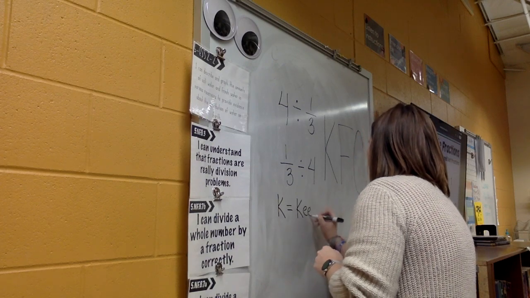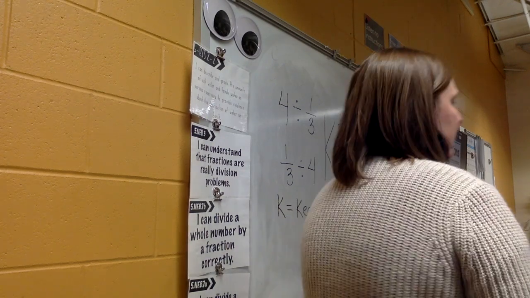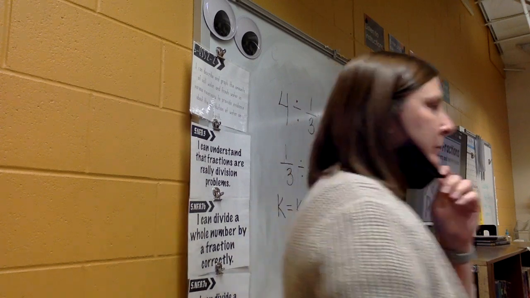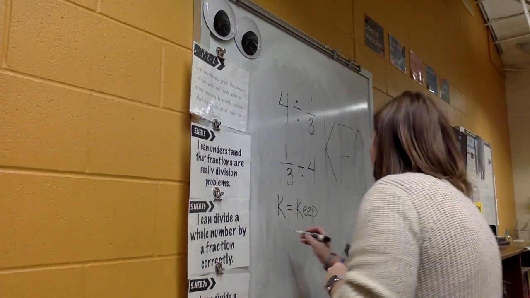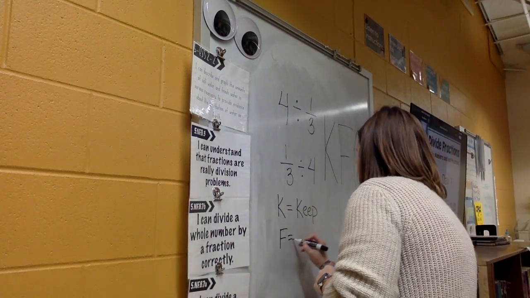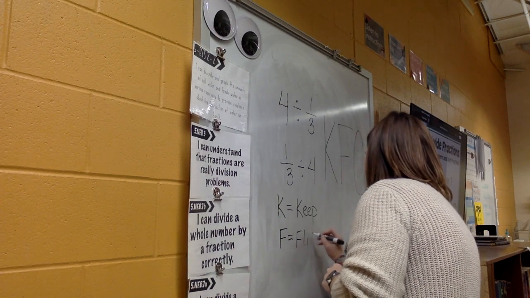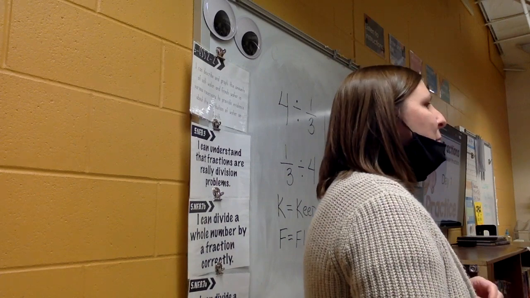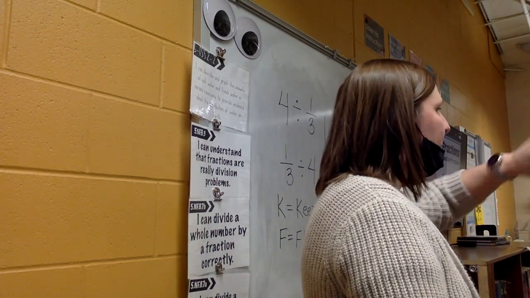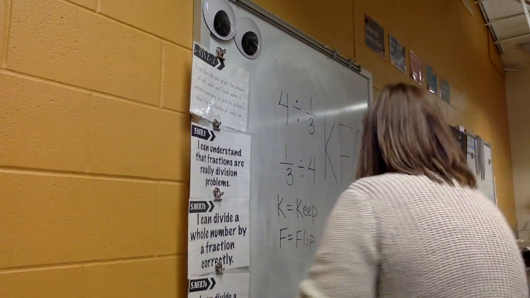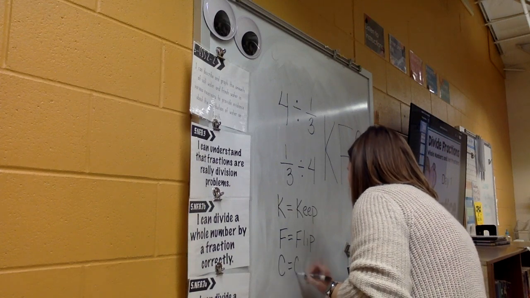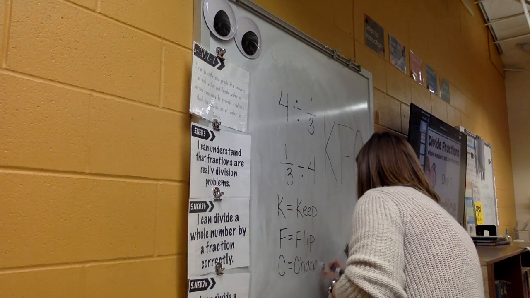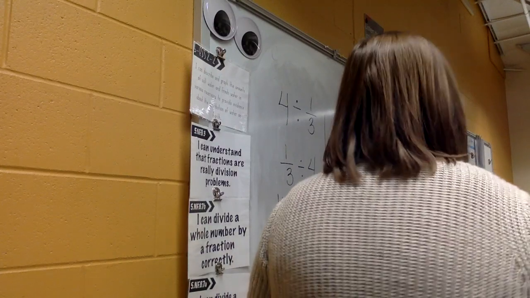K stands for keep. F stands for flip. What does it mean when you flip? You flip the numbers over. And C stands for change.